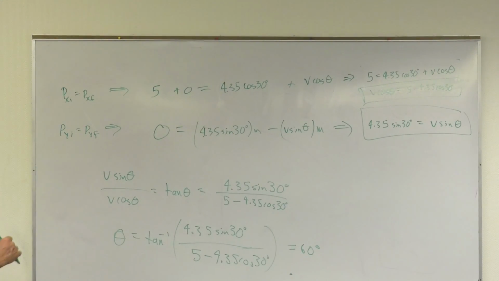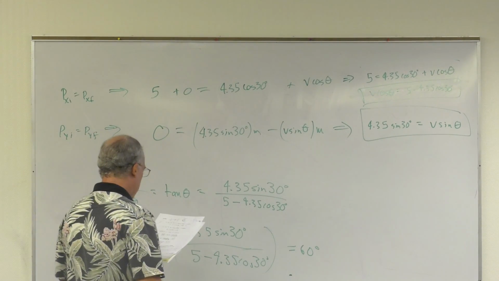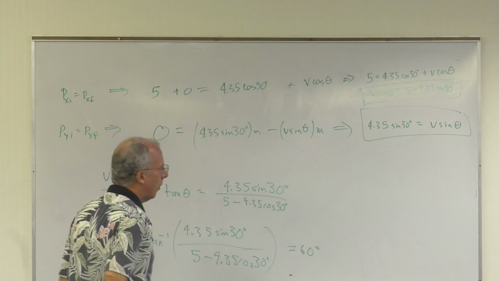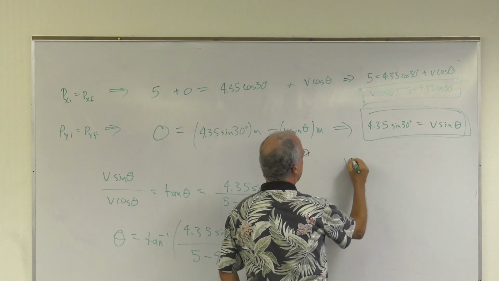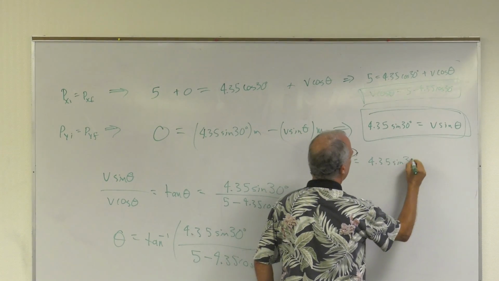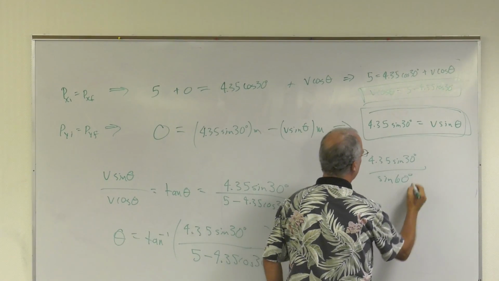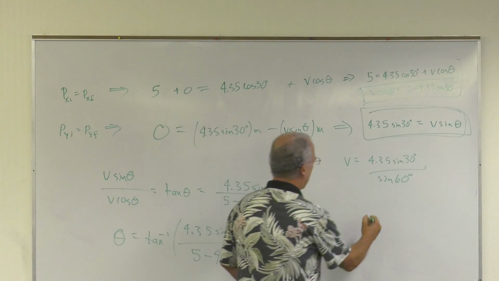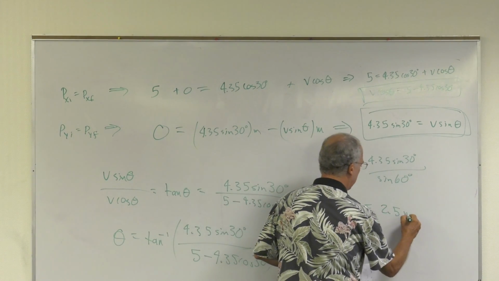All right, we got the angle. Now we want the v. So pick any equation you want to get the v. Let's use this one. So v is 4.35 sine of 30 divided by sine of theta, which is sine of 60, right? And I promise you do that, and you get 2.5 meters per second.